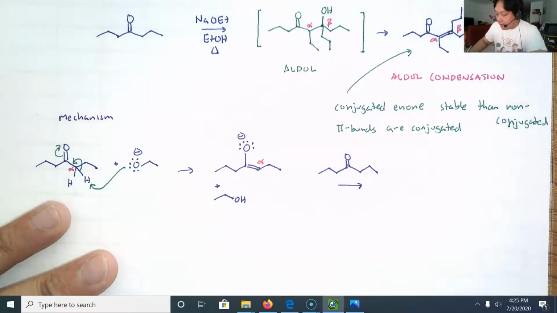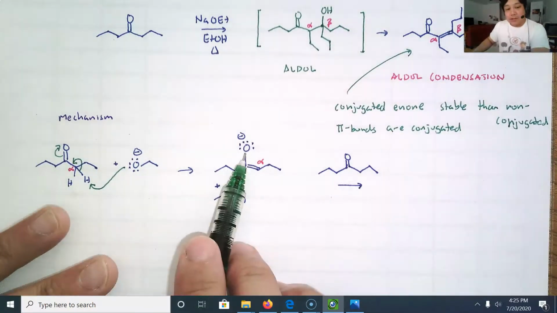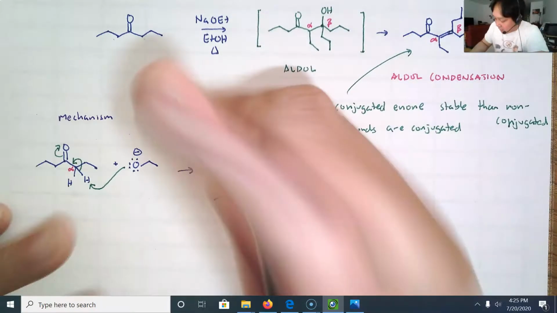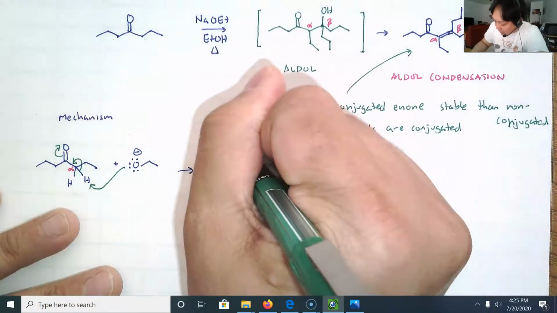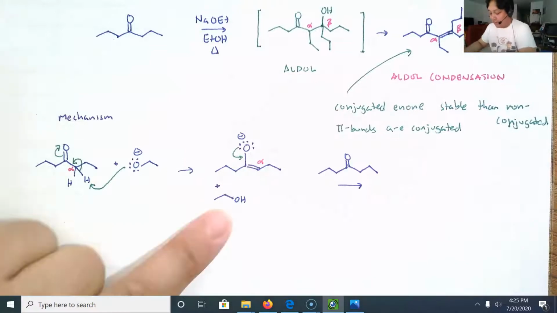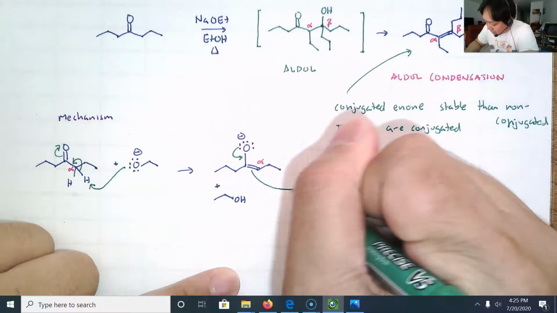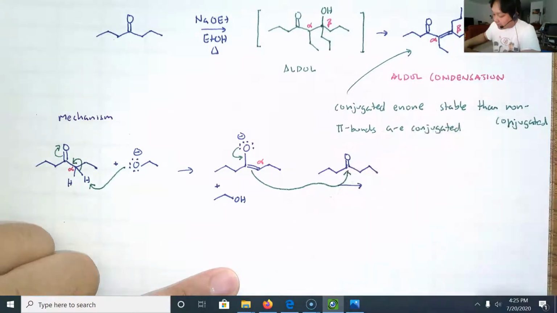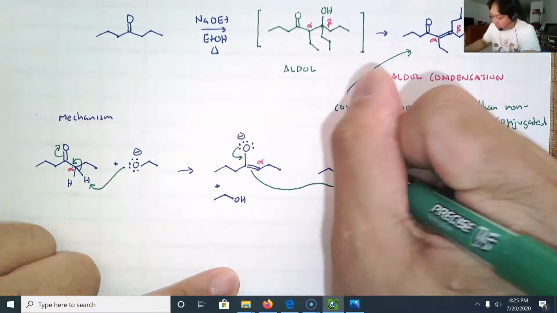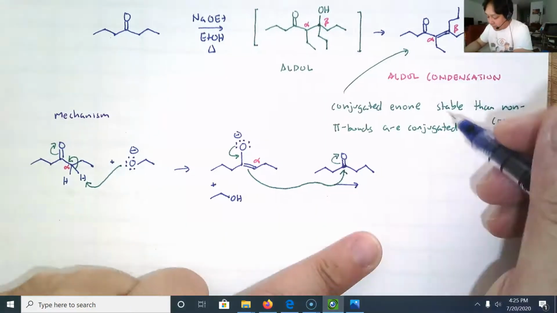You're not going to attach to the oxygen, and I should explain that if I have time at the end of this video. So you make the double bond, you attack the carbonyl. All we're doing is the aldol mechanism that we learned in the previous video.